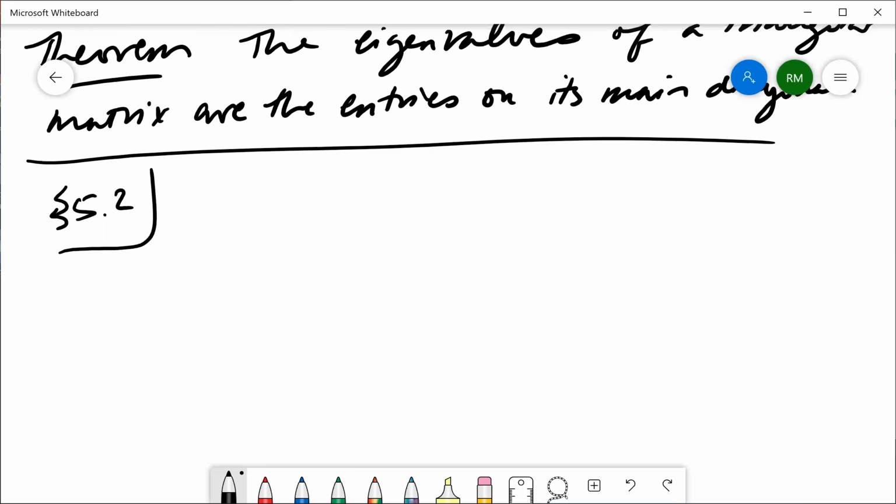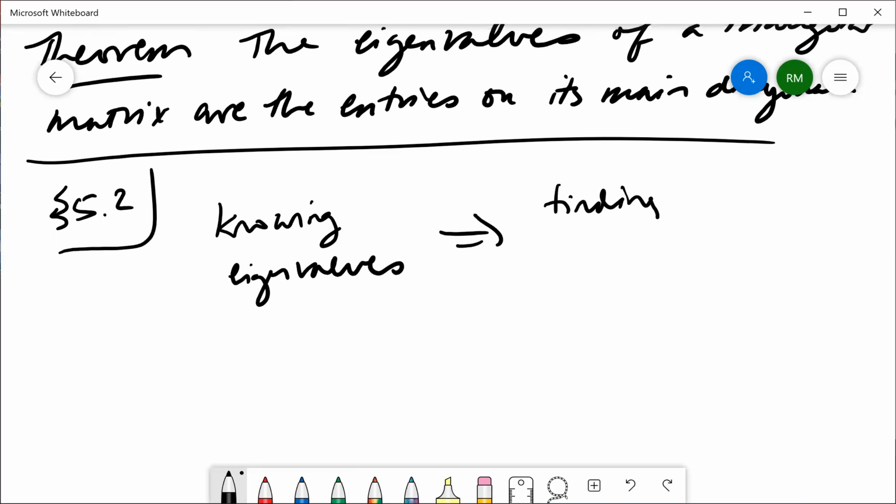So if one knows the eigenvalues, it's not too hard to find the eigenvectors. Knowing eigenvalues tells us that finding the eigenvectors is easy. It's just row reduction.